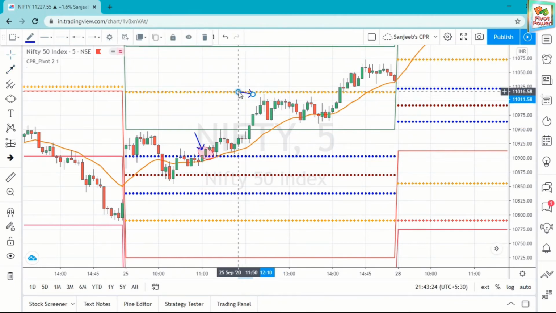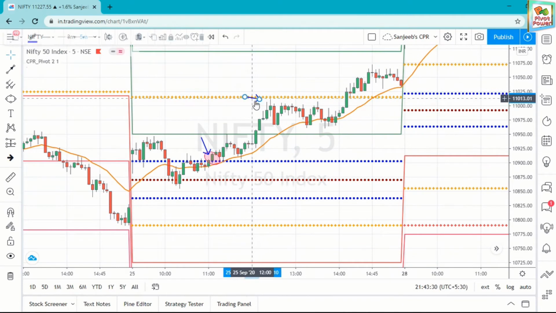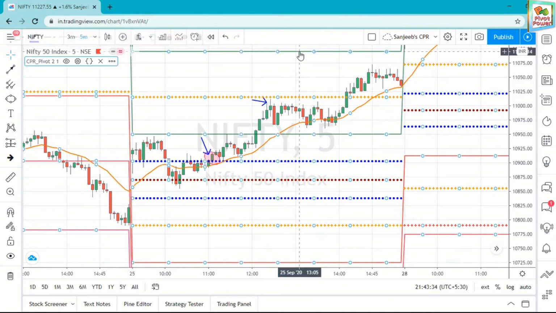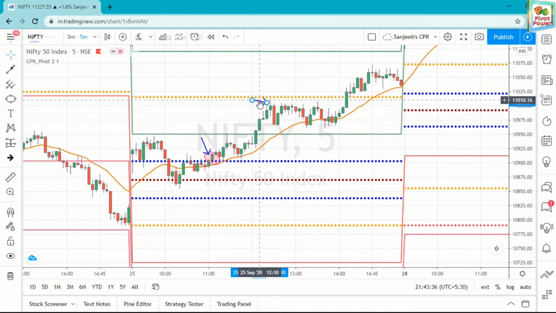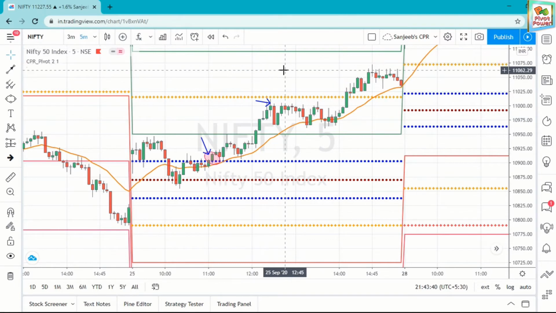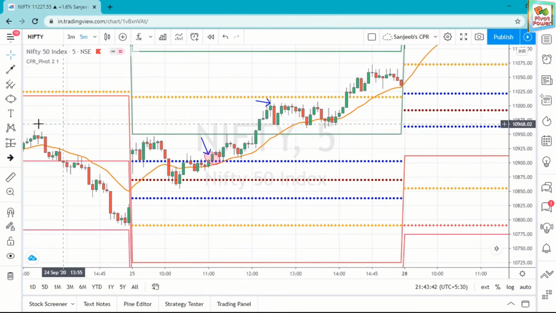Exit should be at this point, this candle. Then you can also calculate the risk reward.